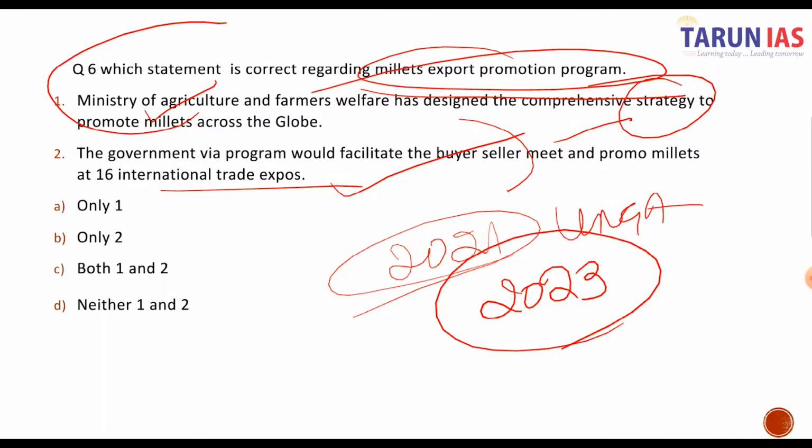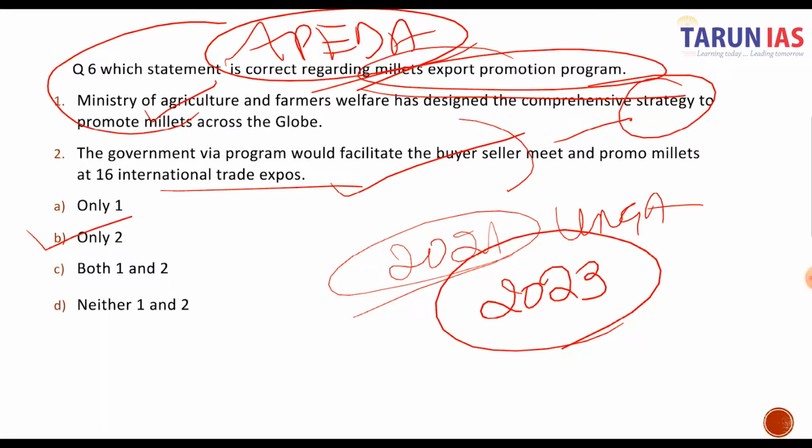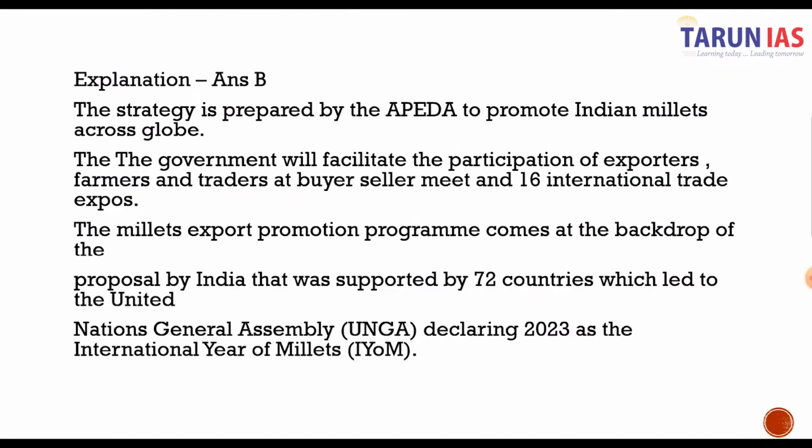This statement is partially correct because APEDA, the Agricultural and Processed Food Products Export Development Authority, has designed this comprehensive strategy. So therefore, only the second statement is correct. Thus, only two will be our correct answer.